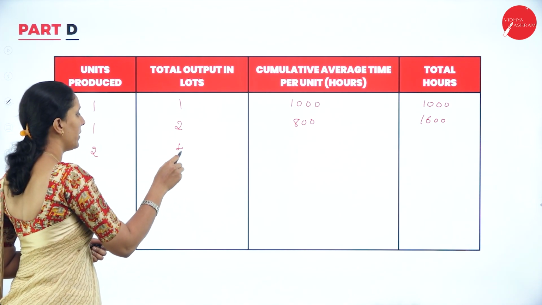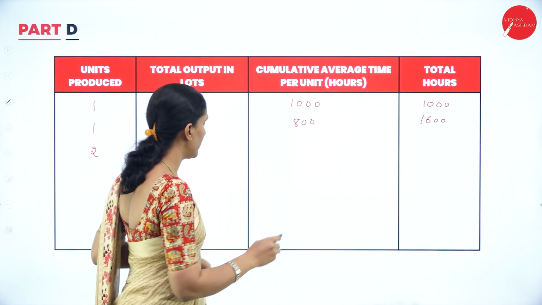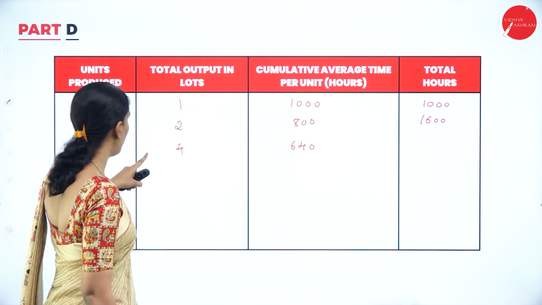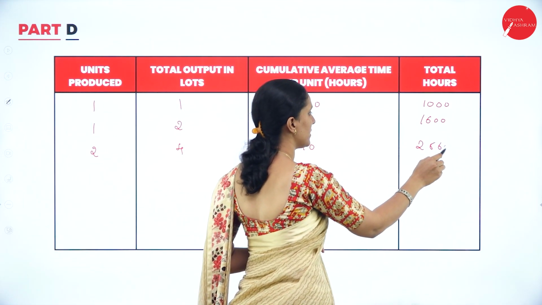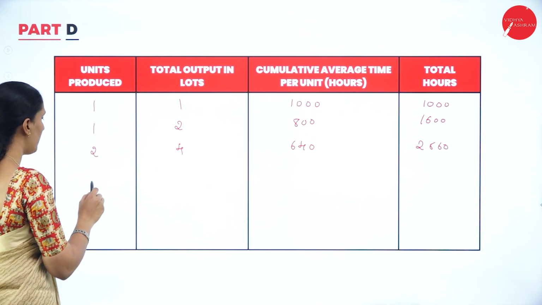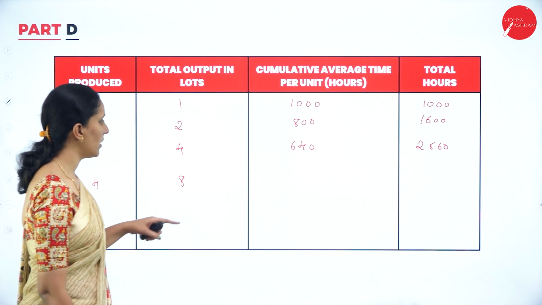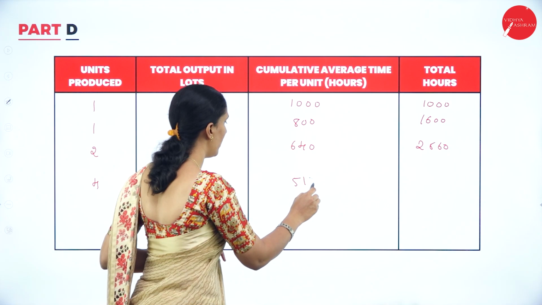Next let's double it. So the total will be 4. 80% of 800 means it is 640. Now 640 into 4 will be equal to 2560. Next again let's double it, so the total lots will be 8 here. 80% of 640 will be 512.